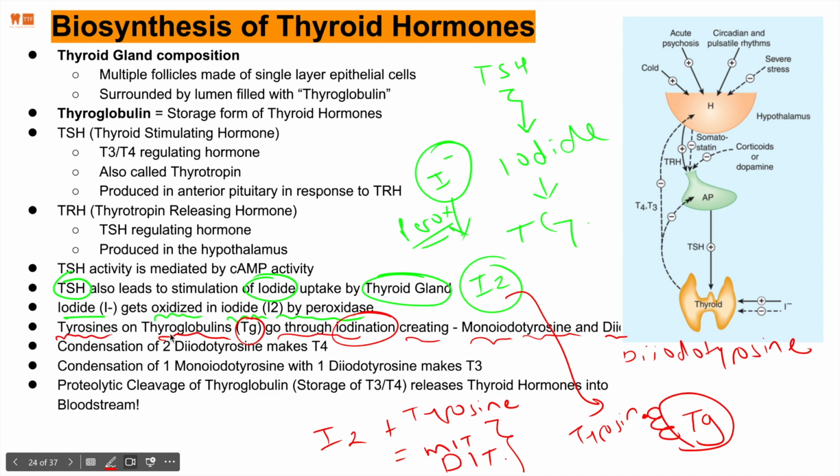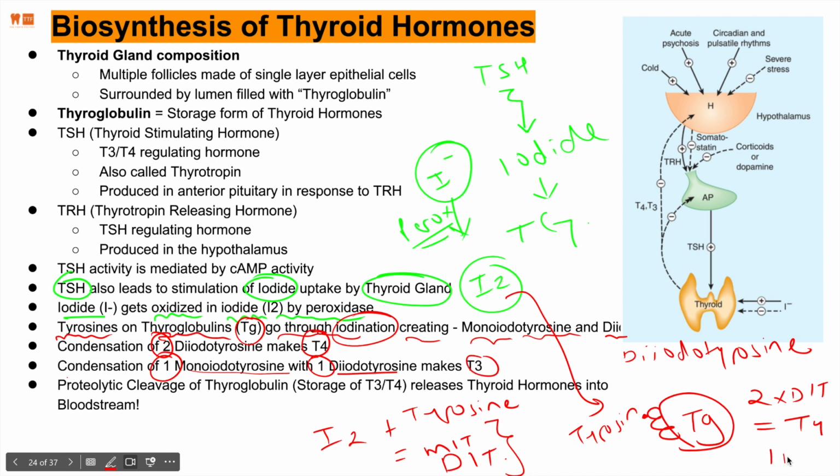Condensation of 2 diiodotyrosine makes T4. So 2 times DIT equals T4. Condensation of 1 monoiodotyrosine with 1 diiodotyrosine makes T3.